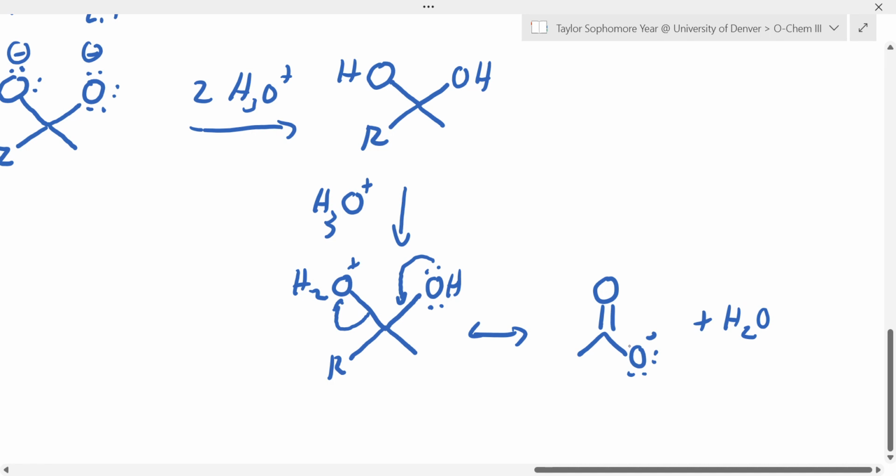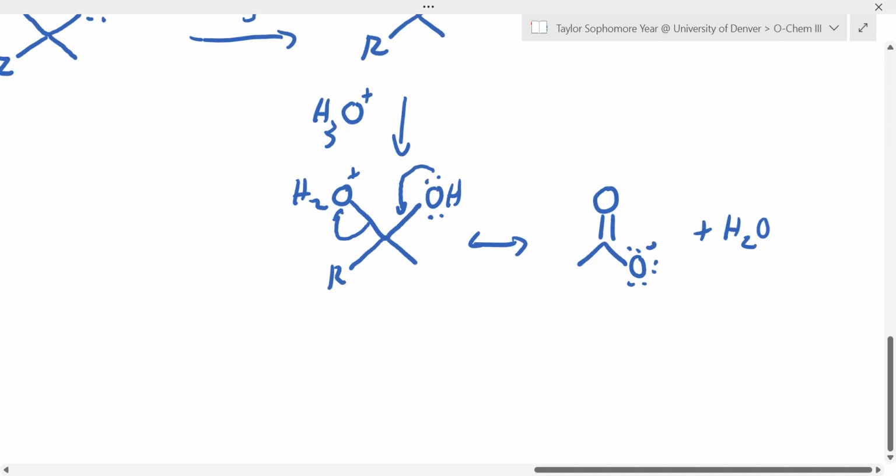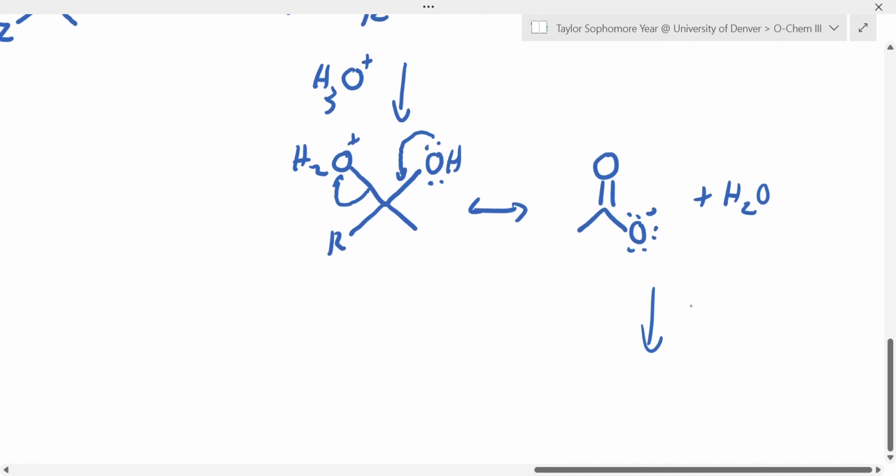However, because of this, the oxygen needs to be protonated. We'll then take H2O or H3O, whatever works. We'll take H3O, and it'll bond and take hydrogen, creating the final product.